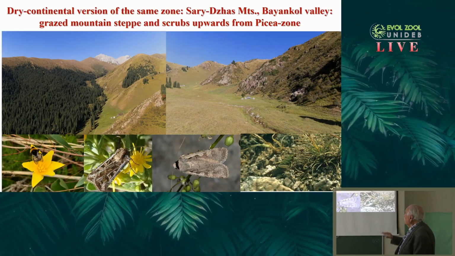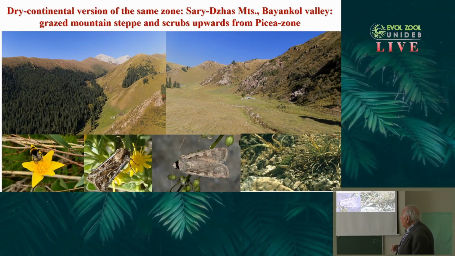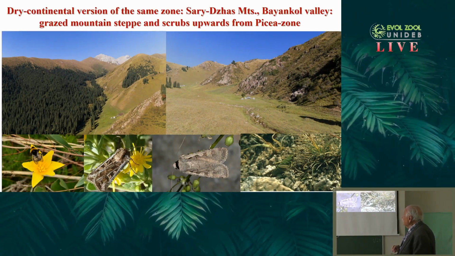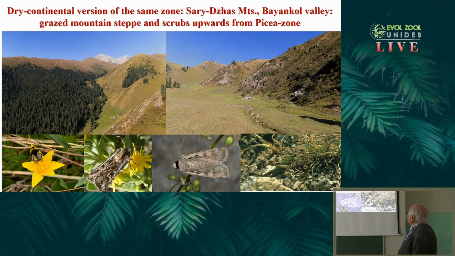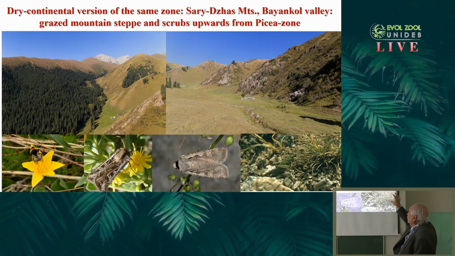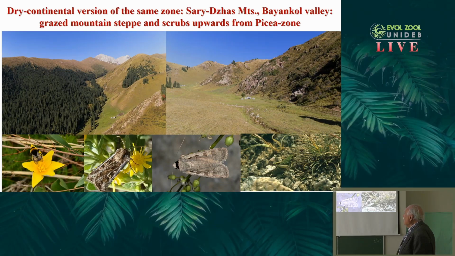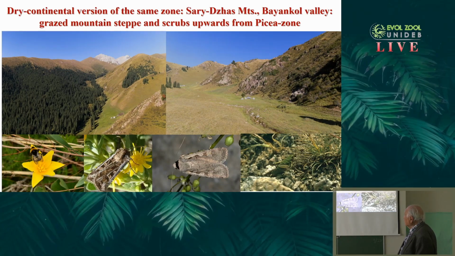Higher and a little bit less precipitous area is this higher part of the Sarjas Mountains. This is a part of the Tian Shan range on the border of China and Kazakhstan.